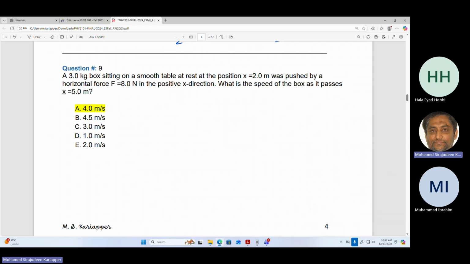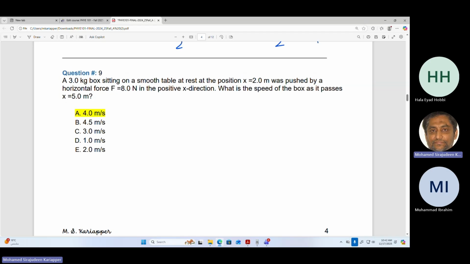Okay, so here again, we are going to apply the work-kinetic energy theorem. We have a box at the x equal to 2 meter position, pushed by a certain force, and it moves to the position 5 meters.